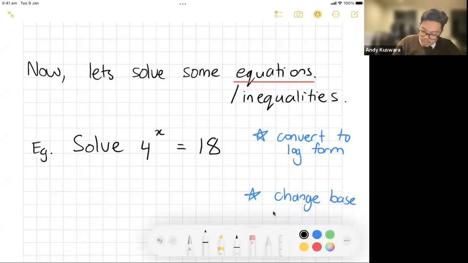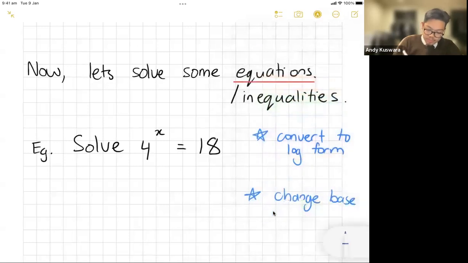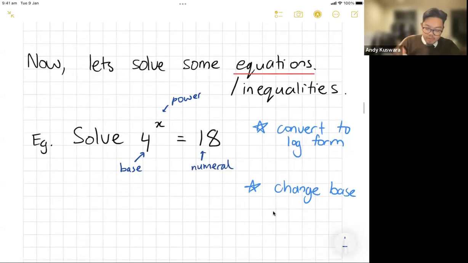So taking a look at this question here, I've got 4 to the power of x equals 18. Don't forget your basics. You always have a base, you always have a power, and you always have your numeral. So if I was to rewrite this in log form, it'll be log base 4 of my numeral 18 equals my power x.